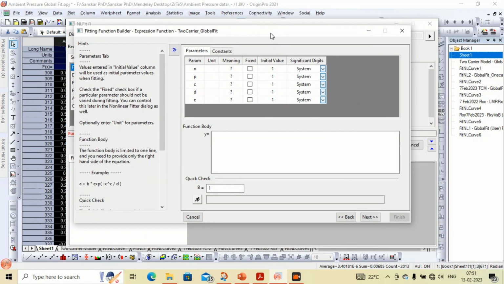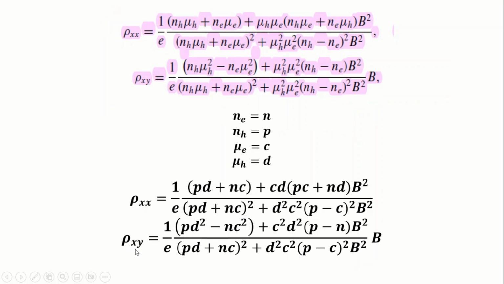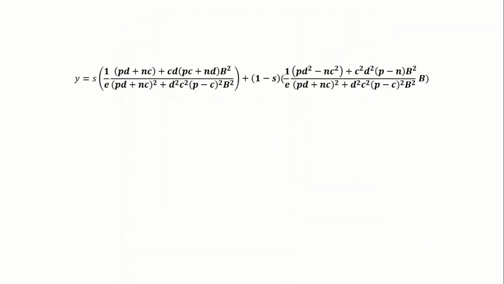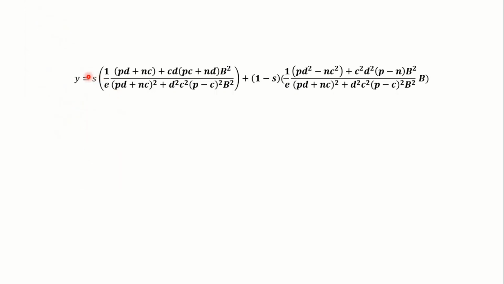We will fix its value. Now we have to write the formula here. In global fit, we have to change the technique of writing a little bit. Suppose you see here, you have separate formulas for rho xx and rho xy, so you have to combine these two formulas in a single equation. What I have done is combine these two formulas in a single equation.